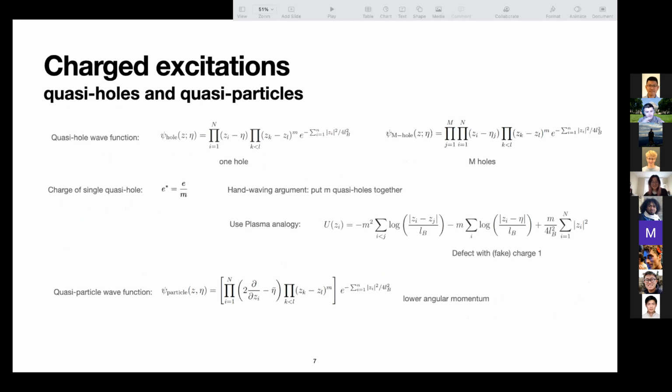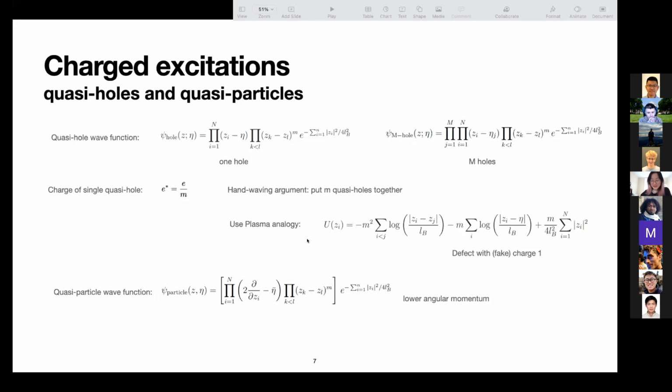Right. So far we've only talked about the ground state. So let's consider what kind of excitations we can have. We'll be talking about charge excitations first. That means we are talking about quasi-holes and quasi-particles.